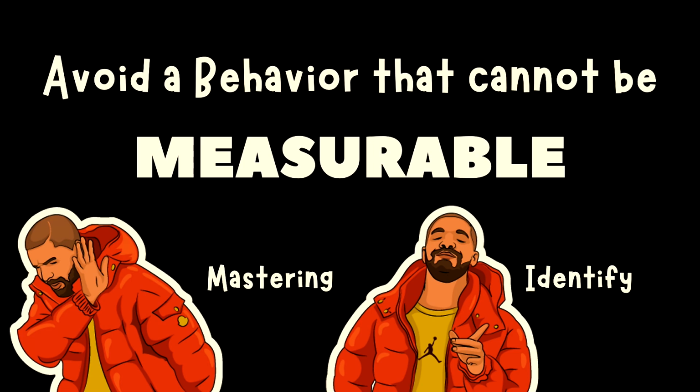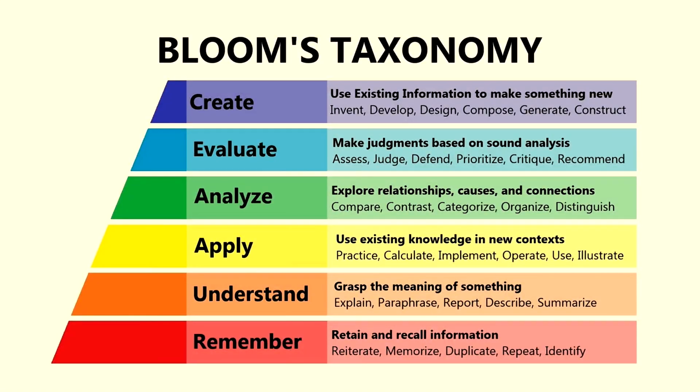Okay, for example, identify. And that's why we're going to point out Bloom's taxonomy, because the purpose of Bloom's taxonomy is to set up our objectives and especially our behaviors to promote deeper and more meaningful learning. So they promote higher order thinking and encourage active learning.